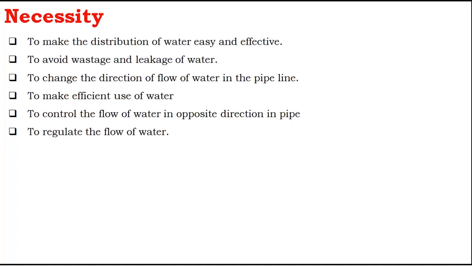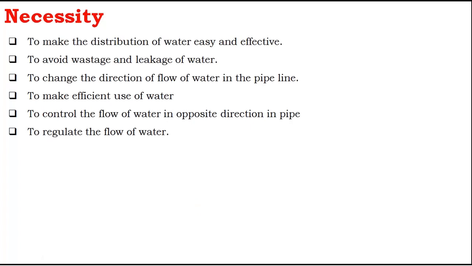Therefore, there is a necessity to change the direction of water in the pipeline, to make efficient use of water, and to control the flow of water in the opposite direction in a pipe. Sometimes you need to control the flow of water. For example, water is flowing from one direction to the other.